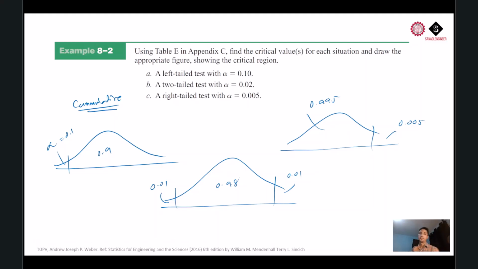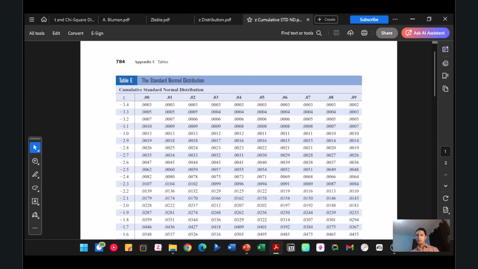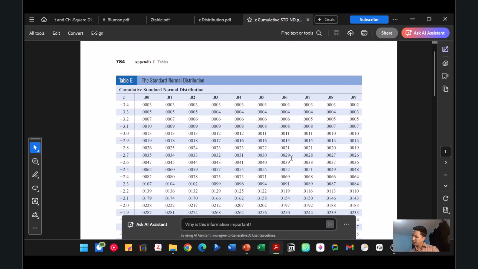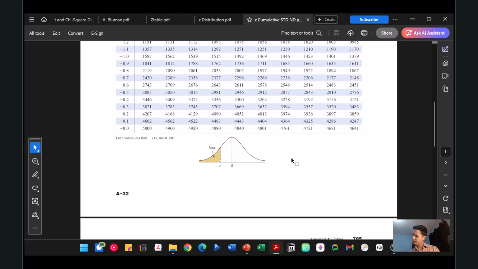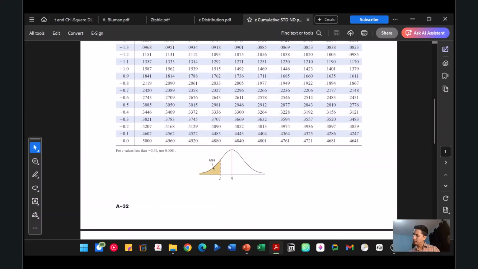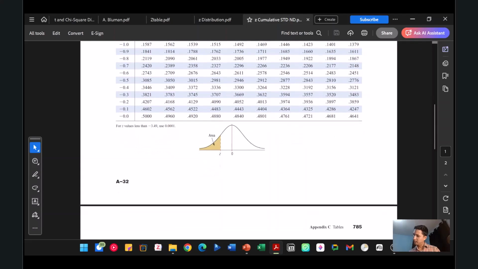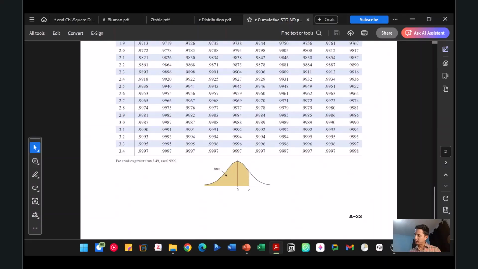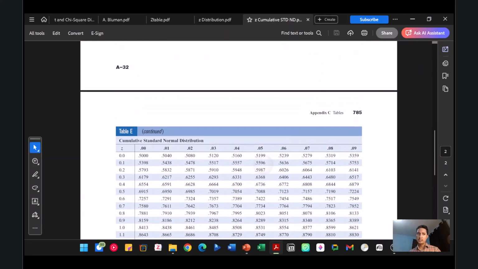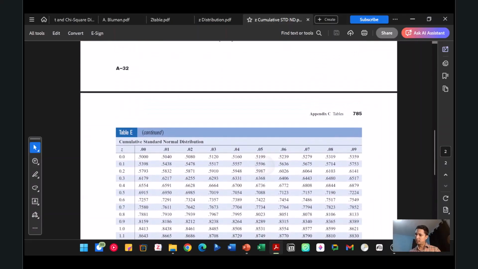Okay, so first 0.9 and 0.1. So using this 0.9 and 0.1, this is cumulative. So for the left-tailed, that's it. For the right-tailed, that's it. Okay? So 0.1 and 0.9.